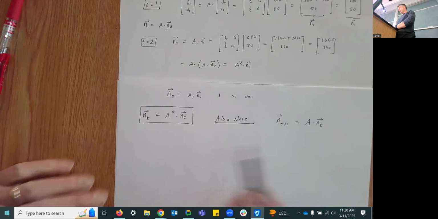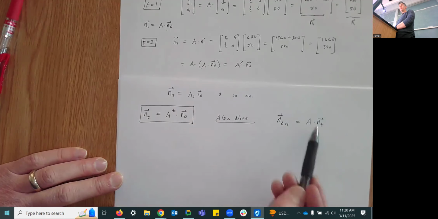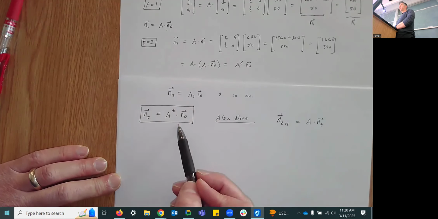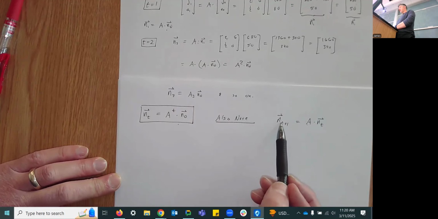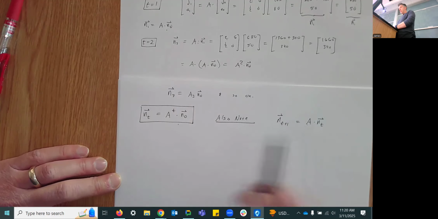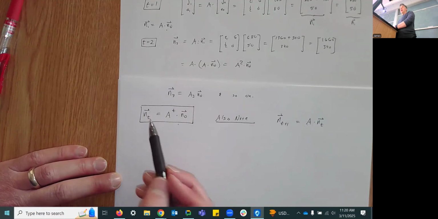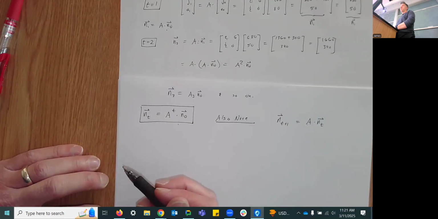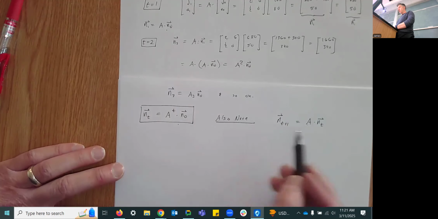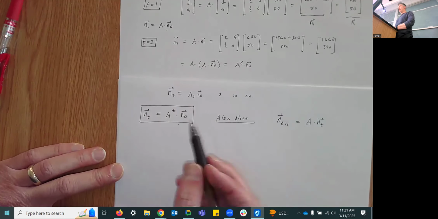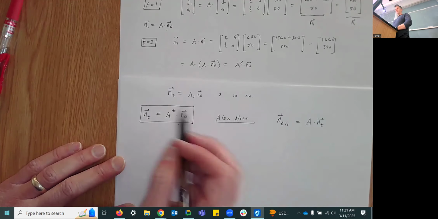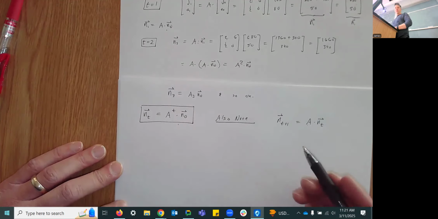Oftentimes, problems will start by saying this and expect you then to realize that this really just means that if you know that next year's population is a times the previous year's population, then the tth year's population is just a times a times a times a, t times, times the initial population size. So these two things really mean the same thing, but they try to make you work for it. So this is what you really want to be saying, but this is often where they start you off.